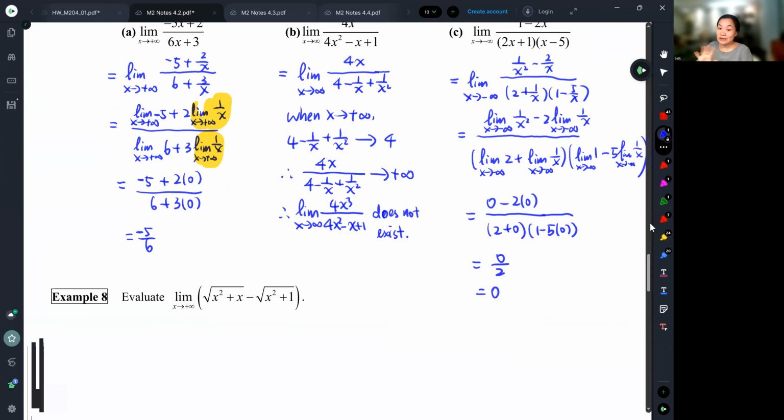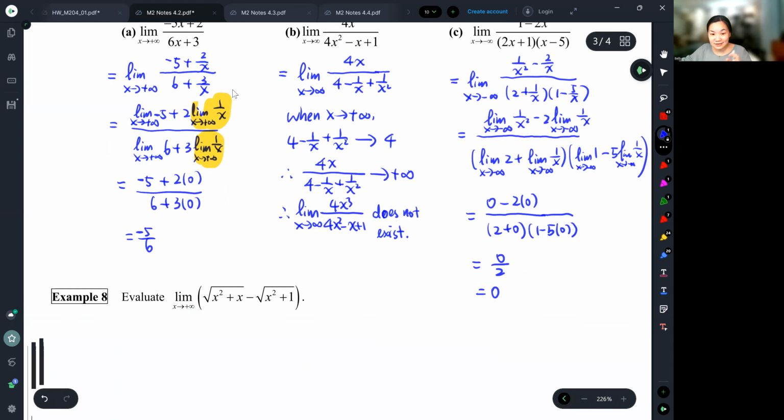There is no infinity, unlike part B, where there is something that's infinity, which is not okay. In this case, everything works out fine. Although the numerator is 0, again, this is fine. A numerator can be 0, and the final answer is 0. Is that okay?